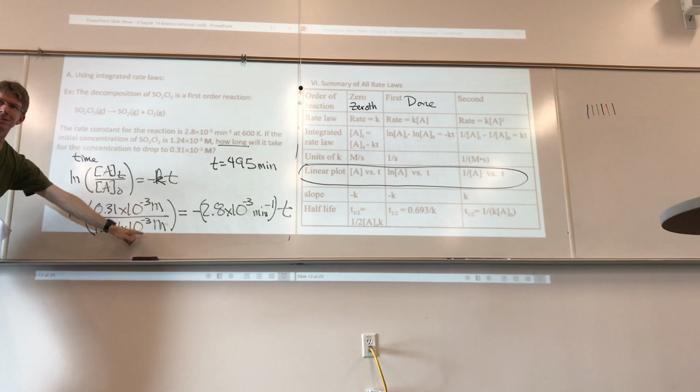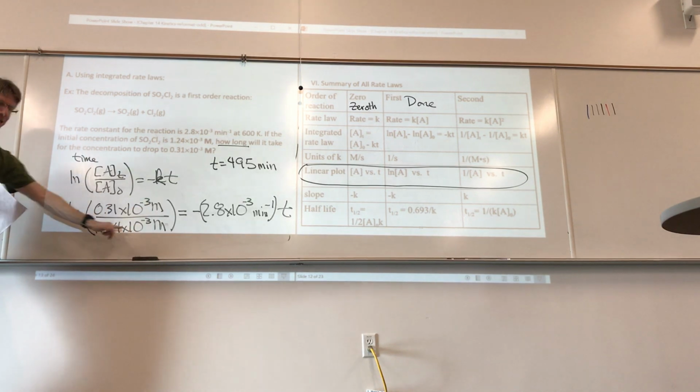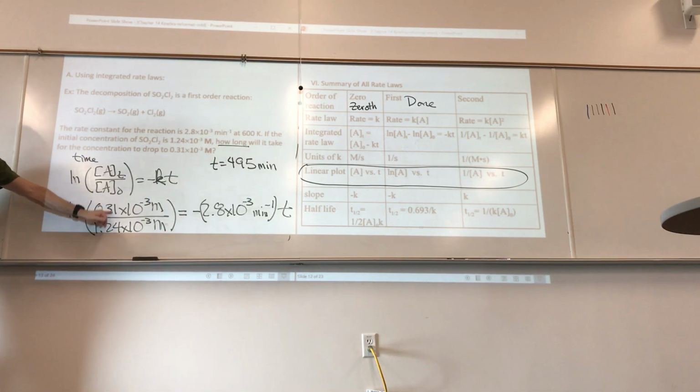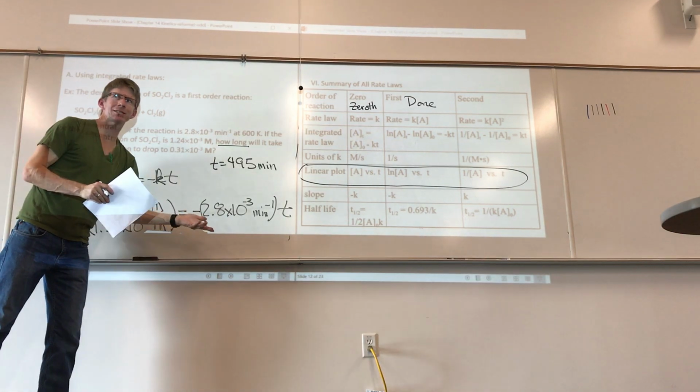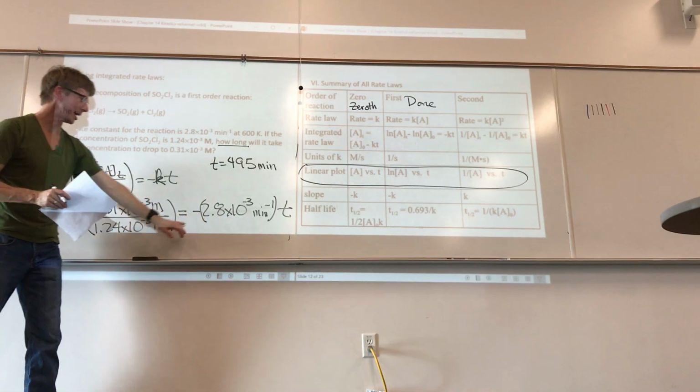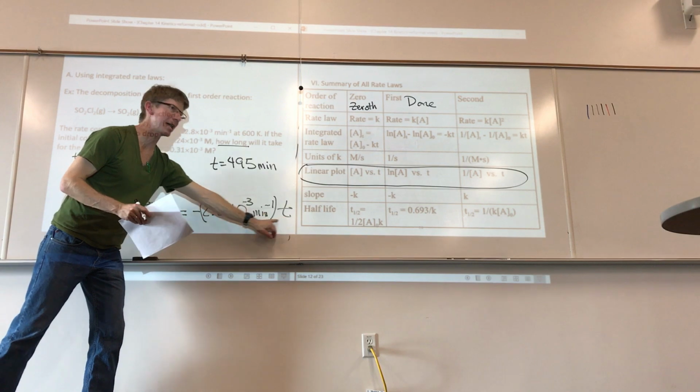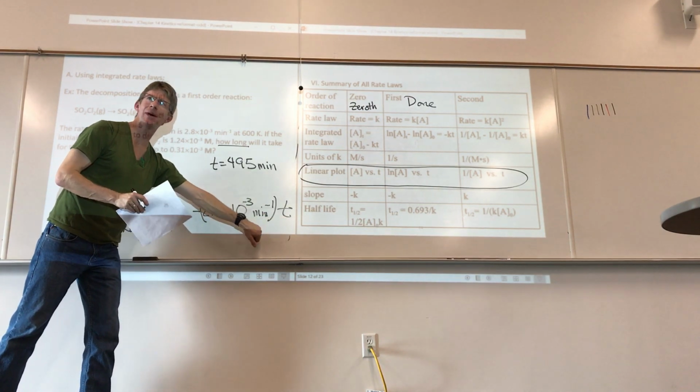Look at my units canceling there. Whenever you have something within a natural logarithm, your units must cancel. Units cannot pass through natural logarithms. They can't pass through logarithms either, or exponentials. And so you're left with knowing that the units on time have to be minutes.